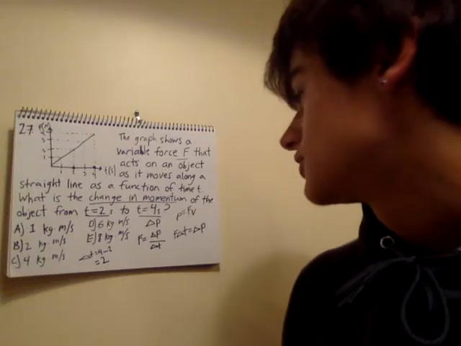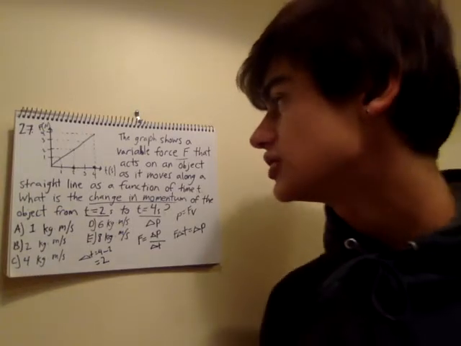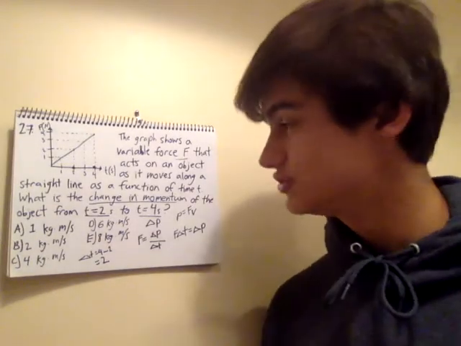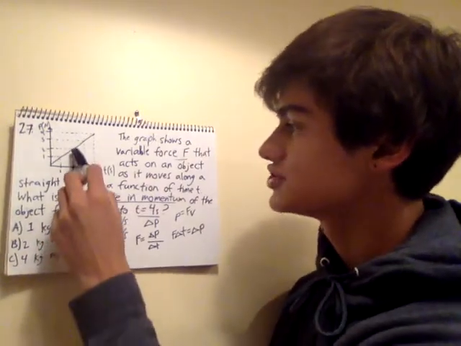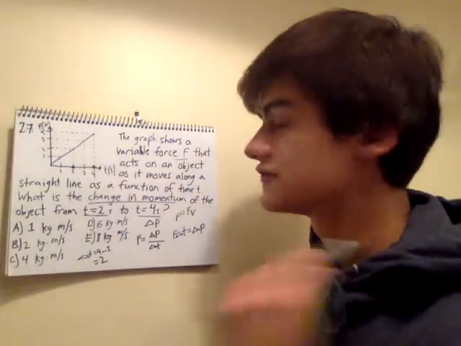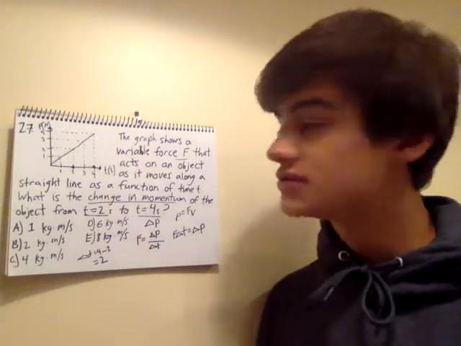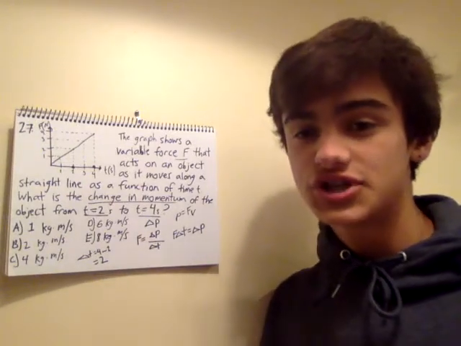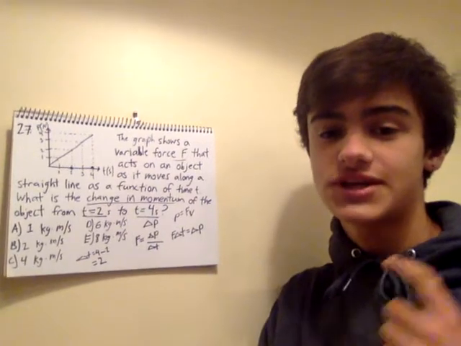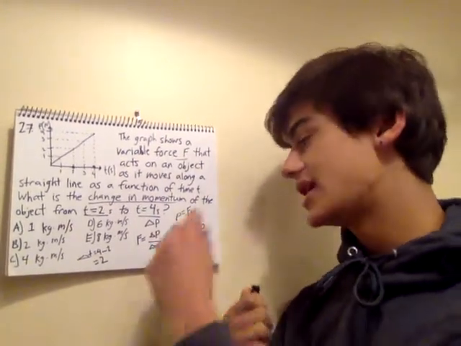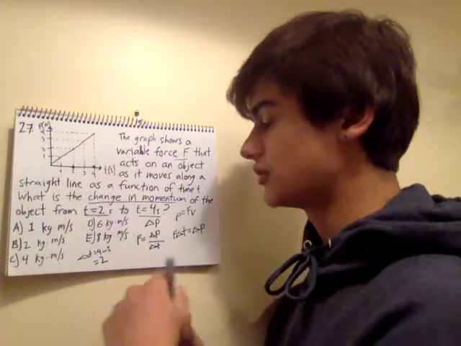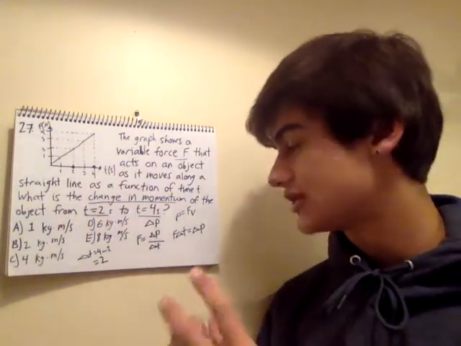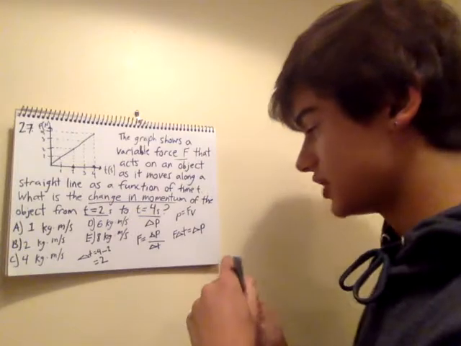And now our force. Here our force is changing between 2 and 4 seconds, but it's changing linearly. So at 2 seconds our force is 2, at 4 seconds our force is 4. Because the force is changing linearly, it makes it easy for us. We can just take the average force and plug in the average force here. If we're averaging 2 and 4, very easy, that's going to be 3. So let's start to plug our values in.